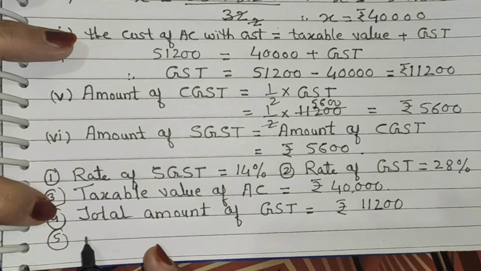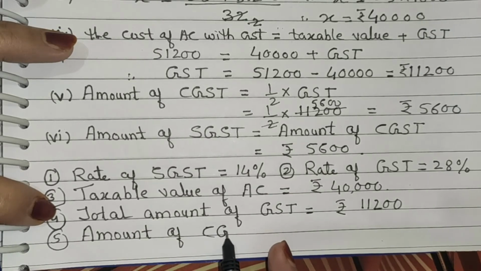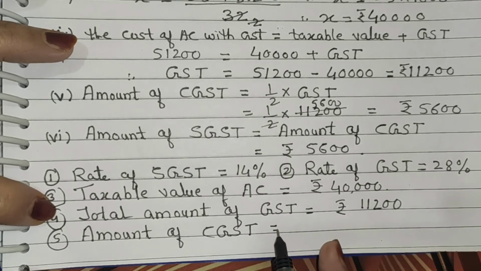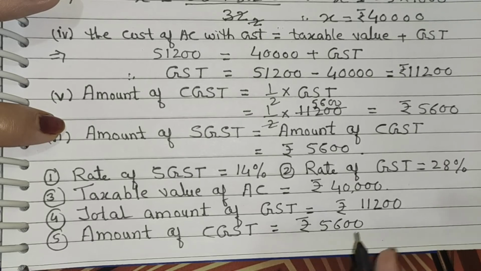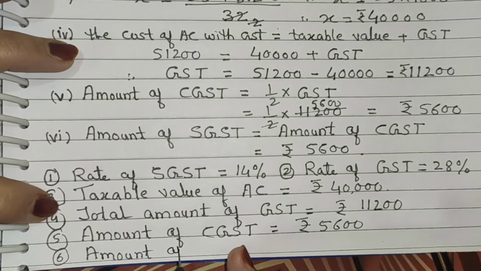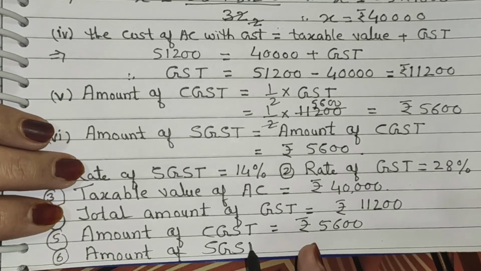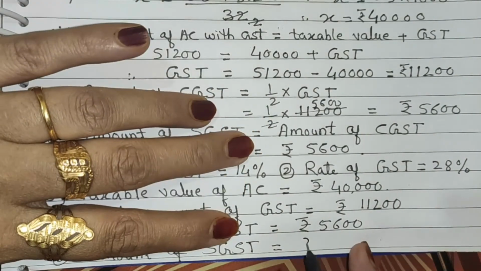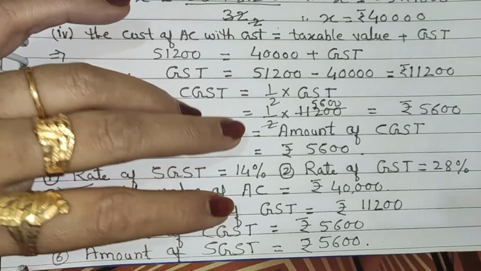Next, amount of CGST is equal to rupees 5,600, and the last one is amount of SGST, which is equal to rupees 5,600.